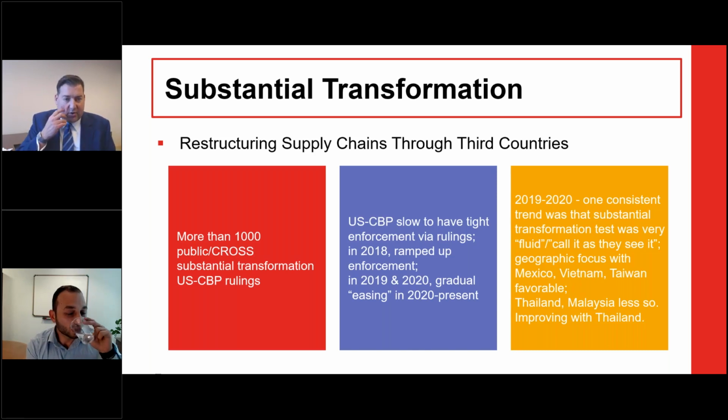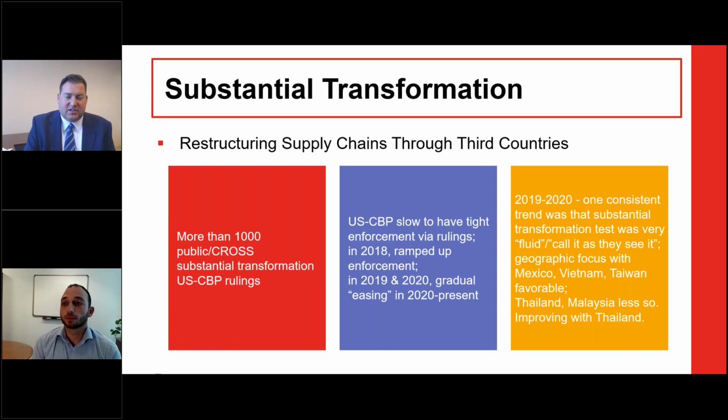That's a lot to cover in a short period of time, and that kind of covered the 100 to 300 level, and now we'll move to the intermediate and advanced level, because one of the things, as Kerem mentioned, we've seen over the last several years now, really starting about 16, 17, a series of issues, whether it was the national security tariffs on steel and aluminum, safeguard tariffs on things like washers and dryers, et cetera, and then of course the China tariffs.